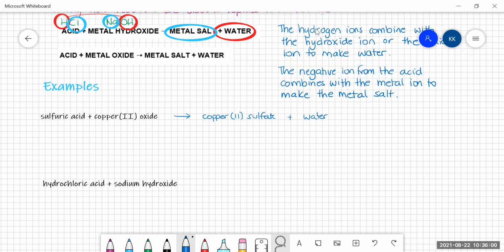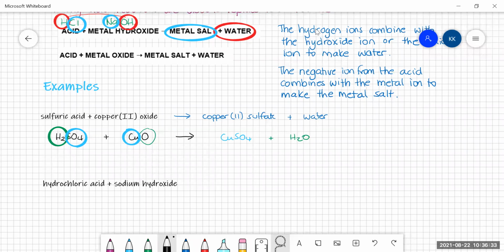Now, if we write the formula for sulfuric acid, H2SO4, and the formula for copper 2 oxide, which is CuO, then the hydrogens and the oxygen are going to get together, and that's going to make our water. And we're also going to get the copper ions and the sulfate ions combining, and that's going to be our copper sulfate. So this is how the reaction is working.